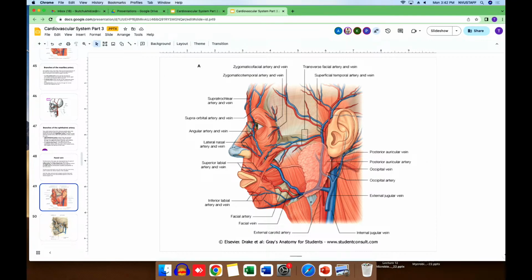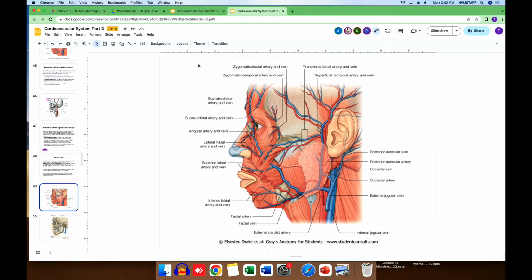One of them is the zygomaticofacial artery. The name is a bit long, and it will be here on the zygomatic bone. It comes from the lacrimal branch of the ophthalmic artery, enters the face through the zygomaticofacial foramen and supplies the face over the zygomatic bone.